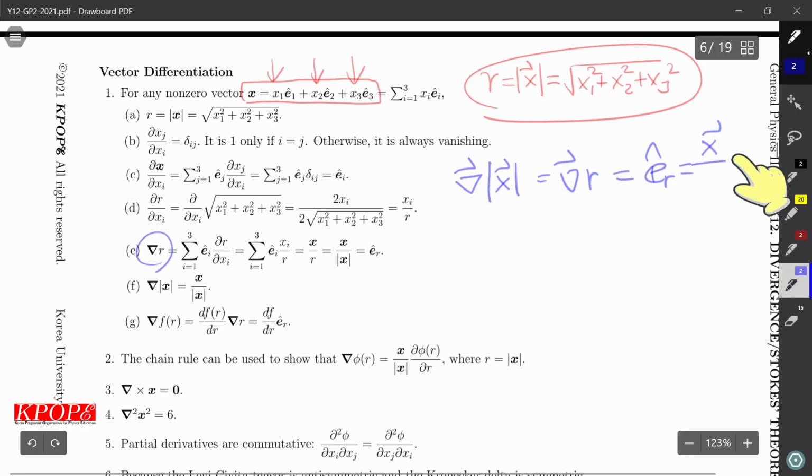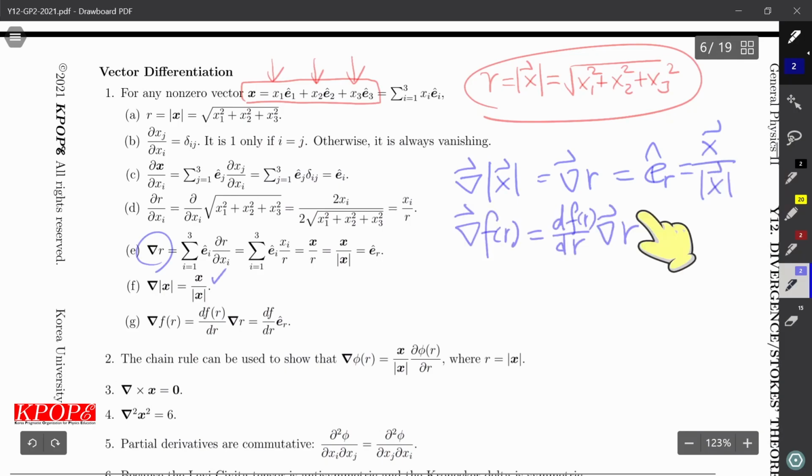Because it's a single variable function, df/dr times gradient r. And gradient r is here, so this is er hat.